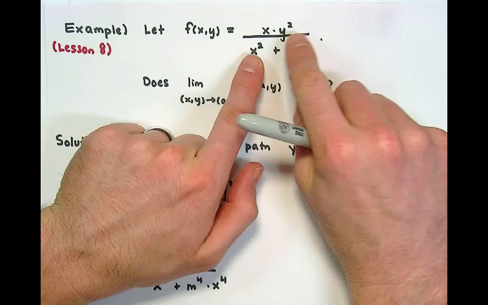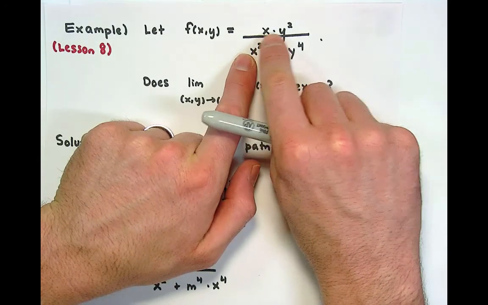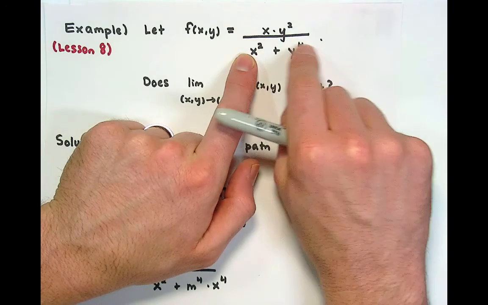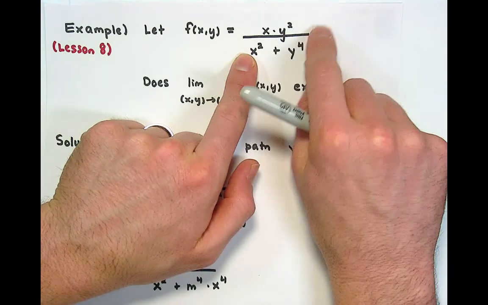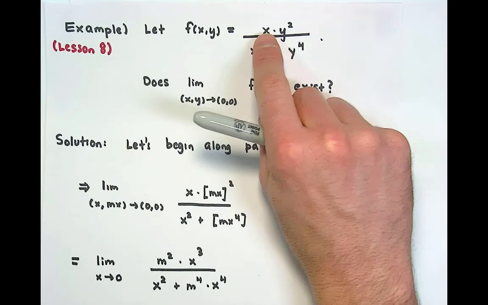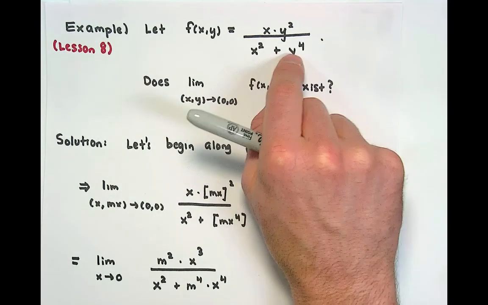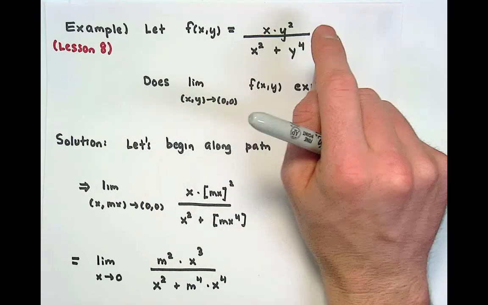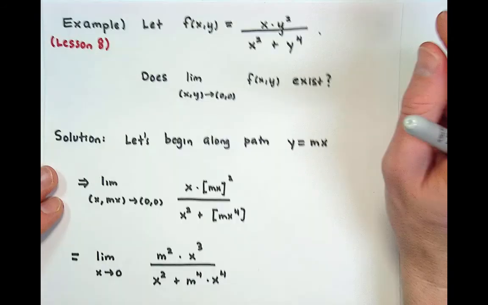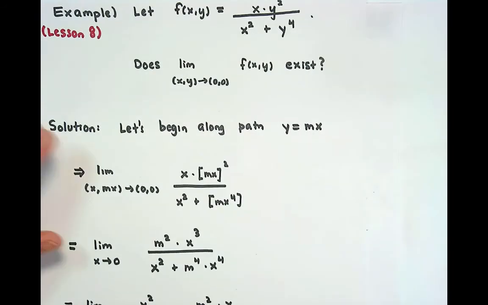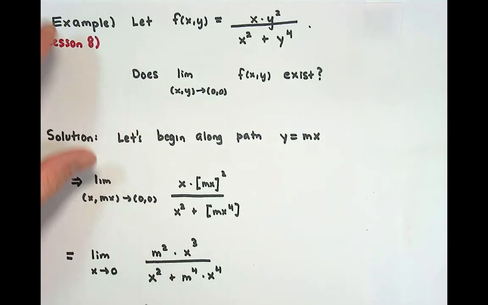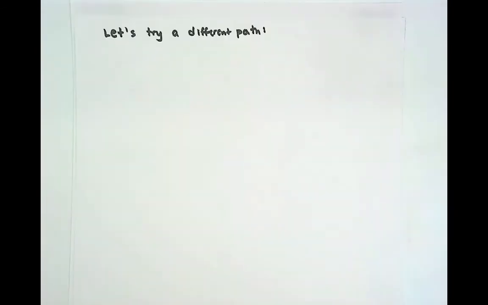However, if I did it the opposite way, if I said that x equals y squared, so along the sideways parabola, on the top I would have y to the fourth, and then I would have y to the fourth added on the bottom, and I could factor out a pure y to the fourth on both the top and bottom. It's going to take some thought to look at that, but that's exactly the conclusion that I'm going to make.